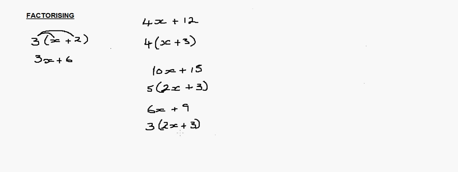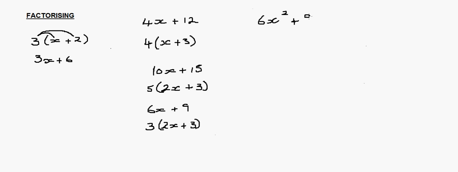Now sometimes we'll have x's on both sides, or sometimes we'll have letters on both sides, so we need to know how to deal with that. So let's say we've got 6x squared plus 9x.